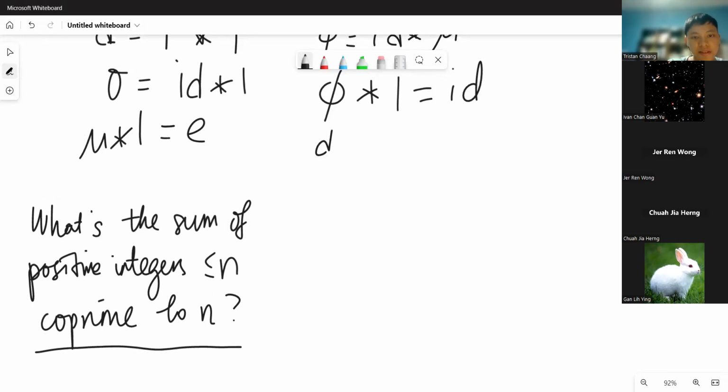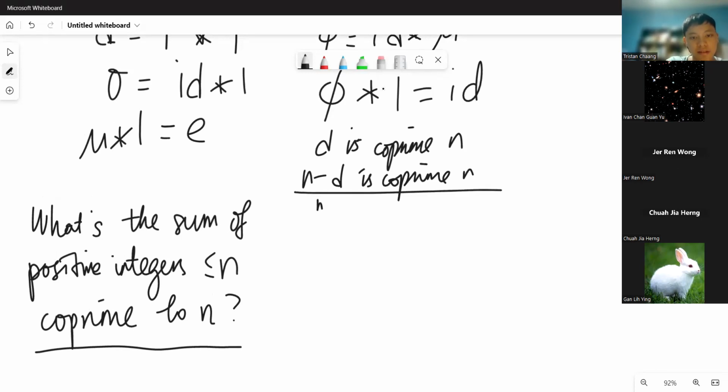So if d is coprime to n, then n minus d is also coprime to n. And you add them up, it's like n. Since there are phi n of them, the answer should be equal to n over 2 times phi n, right? N over 2 phi n.